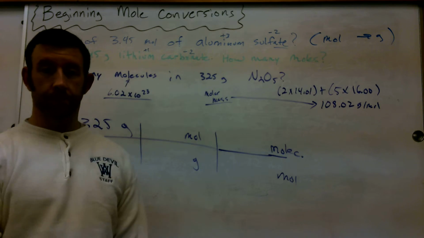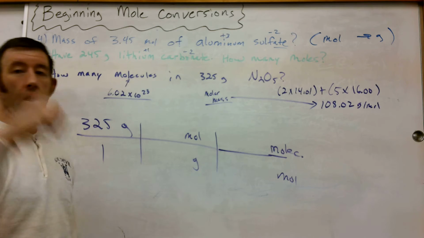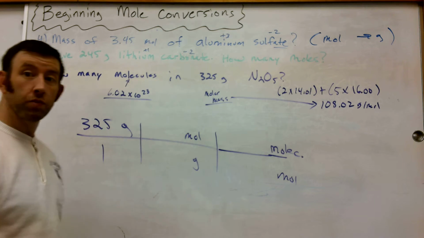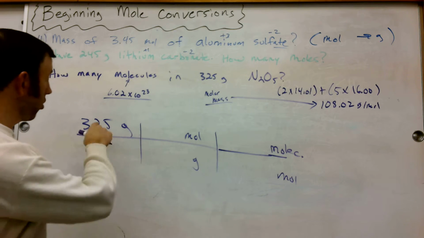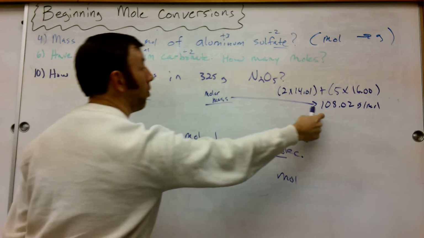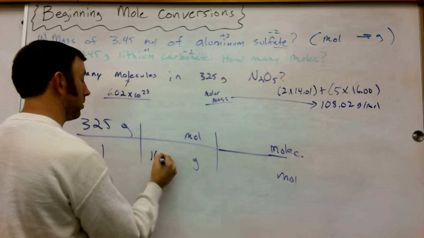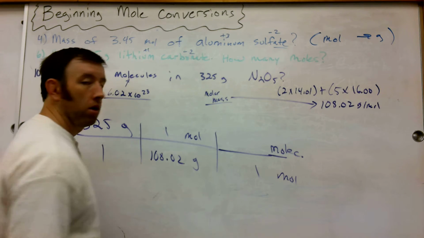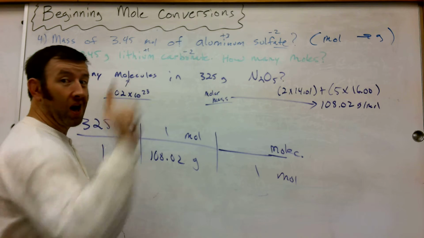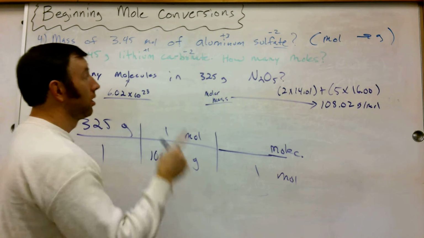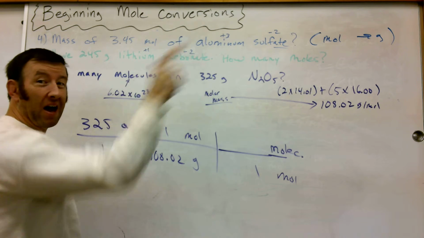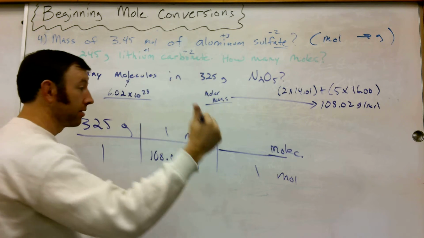Going into moles means I divide, so I divide by my molar mass, 108.02 grams in 1 mole. If I'm going to use molecules, I need to use Avogadro's number. I'm out of moles, which means I multiply.